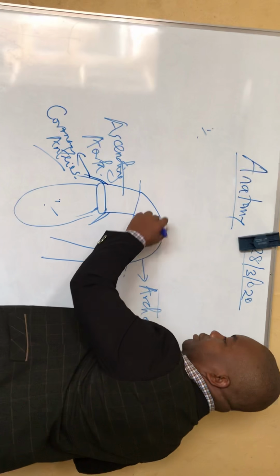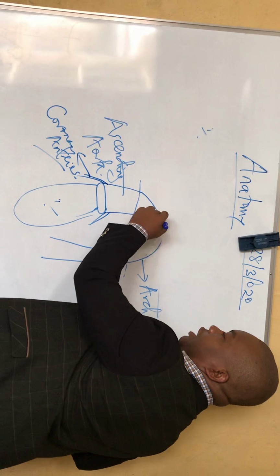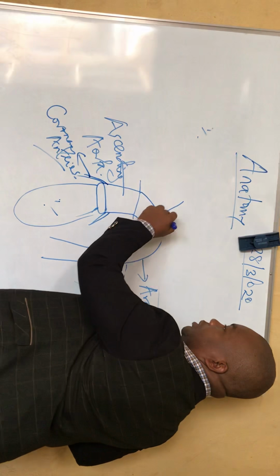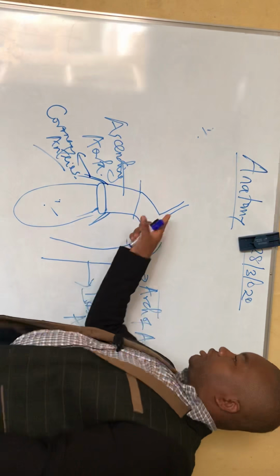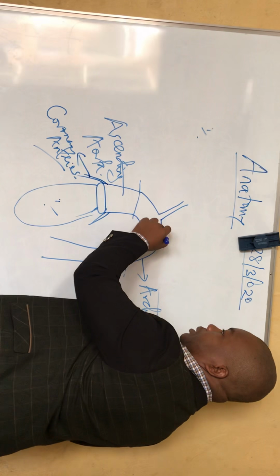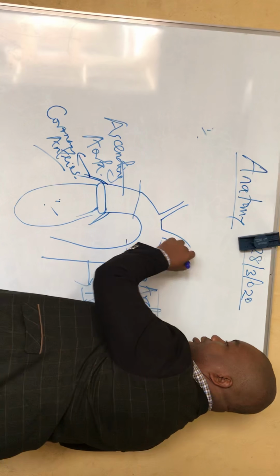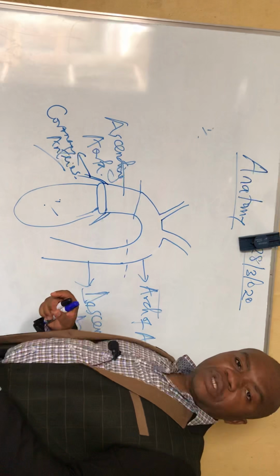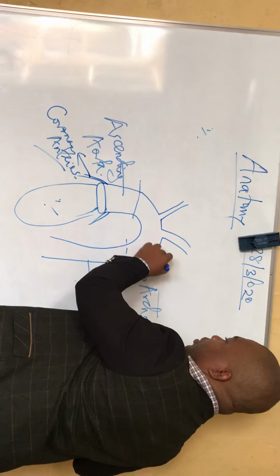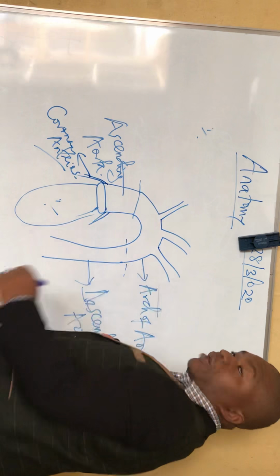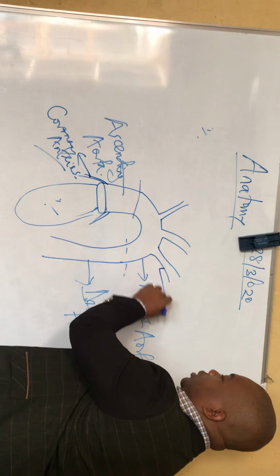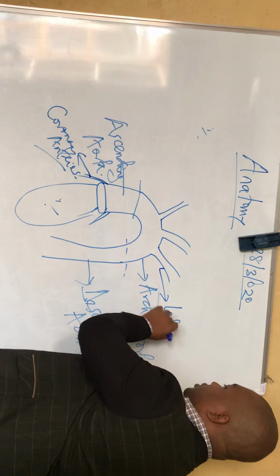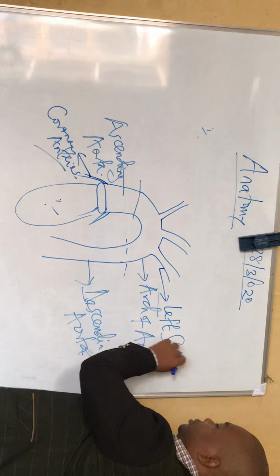The three branches from the arch of aorta are the brachiocephalic trunk, the left common carotid artery, and the left subclavian artery.